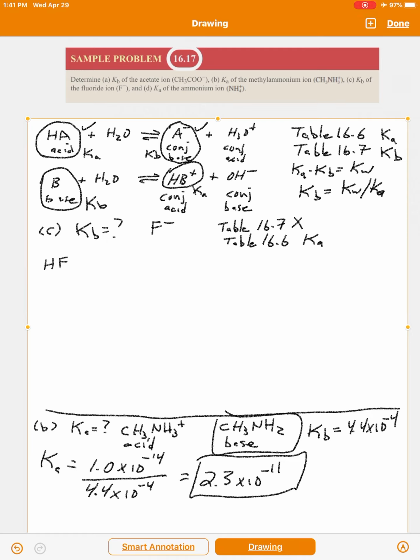We look up HF, and it's there, 7.1 times 10 to the minus 4. So Kb would be Kw over this Ka.